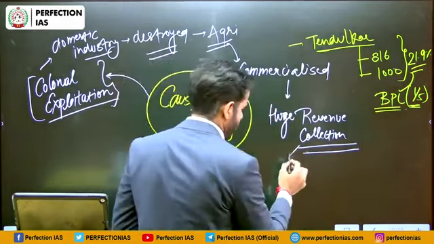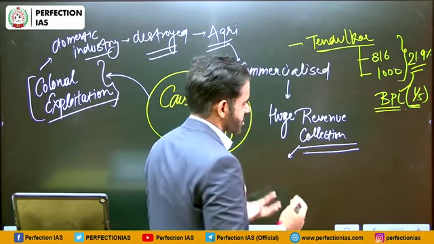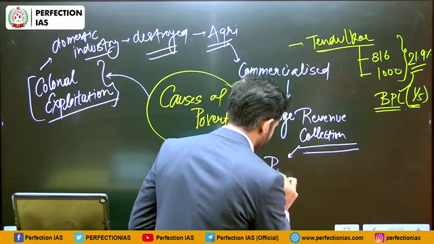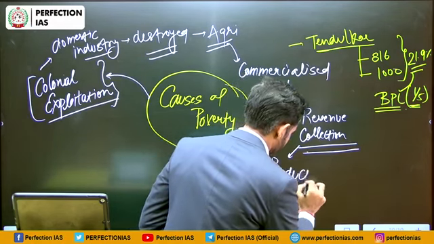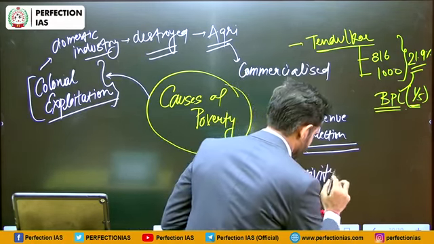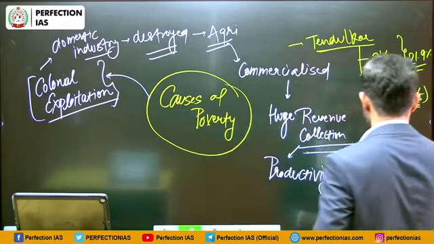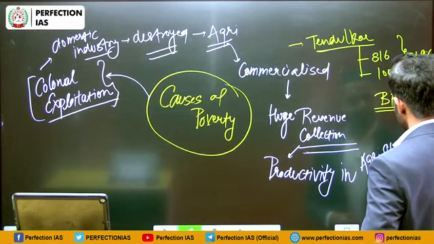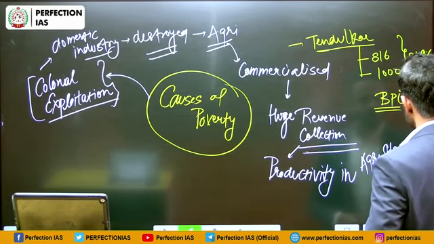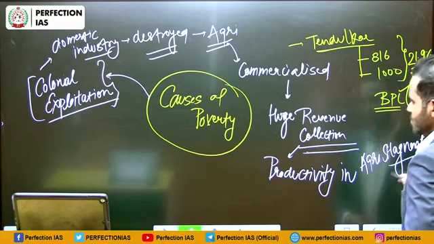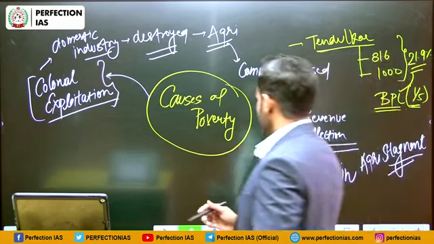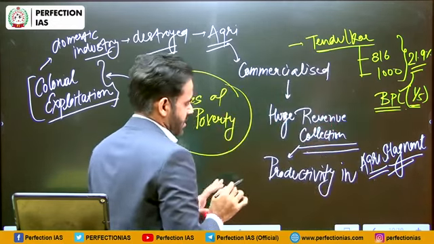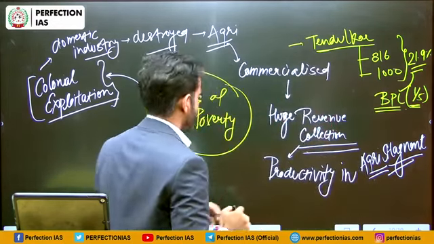That is why they did not have sufficient resources to invest back in agriculture, and that is how the productivity in agriculture became stagnant. Stagnant means more or less constant, or it is not progressing. So the productivity in agriculture sector became stagnant.